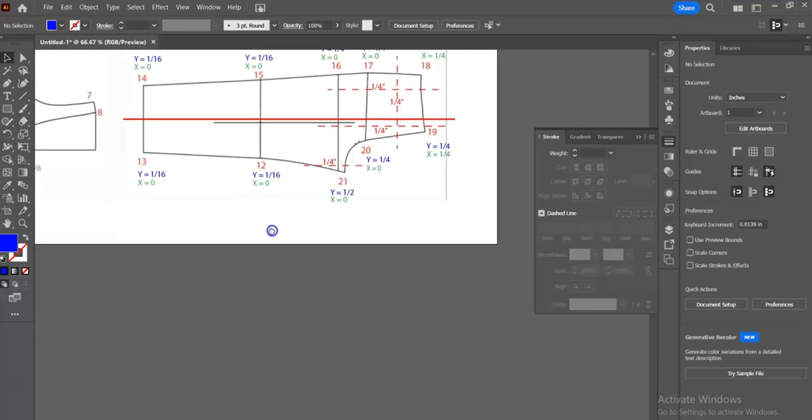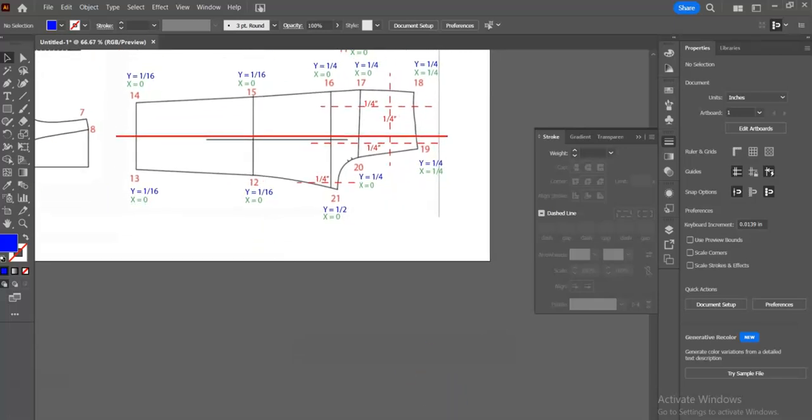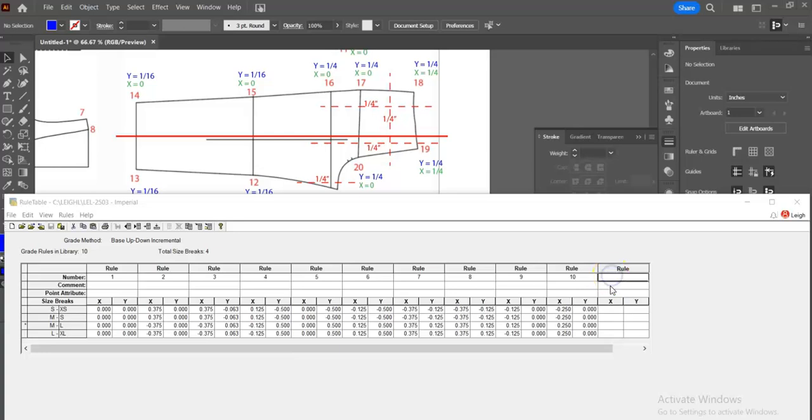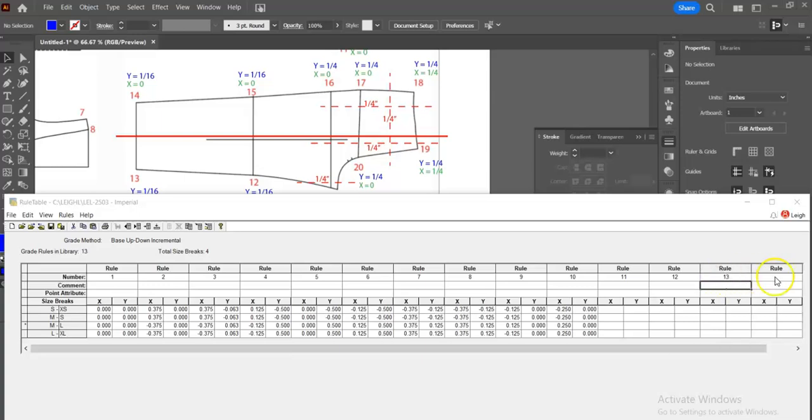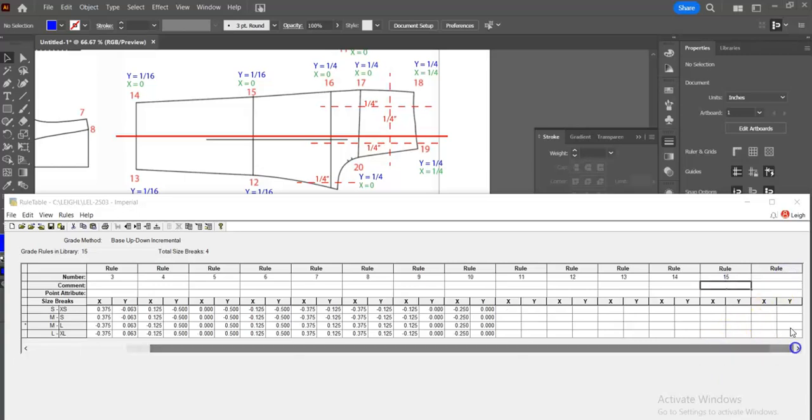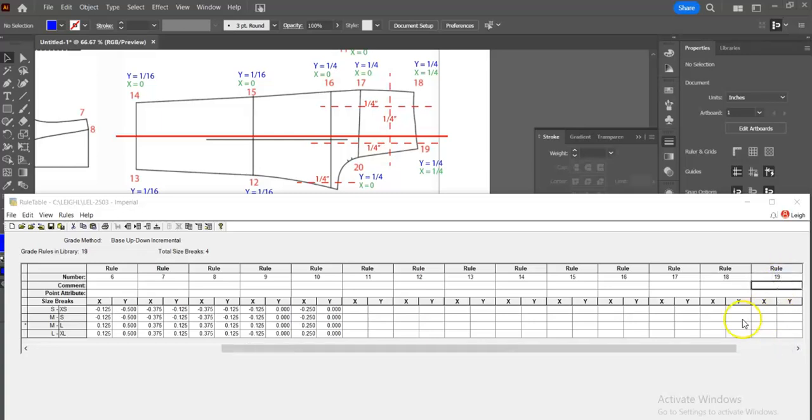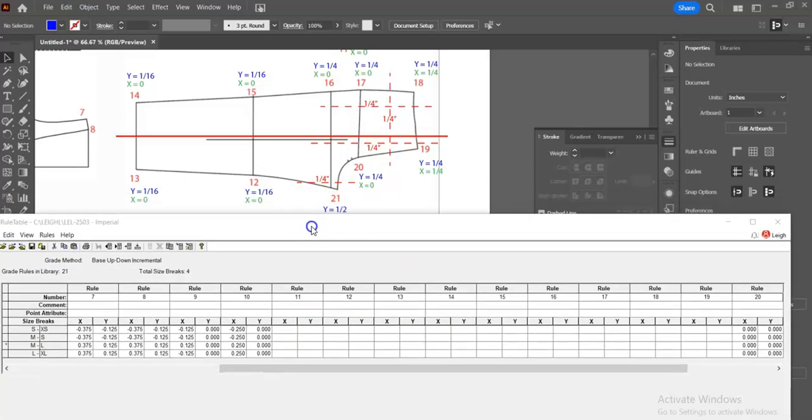Okay, so we are going to now add these rules into our table. We're going to add rules 11 through 21. And we're going to start entering in these numbers.